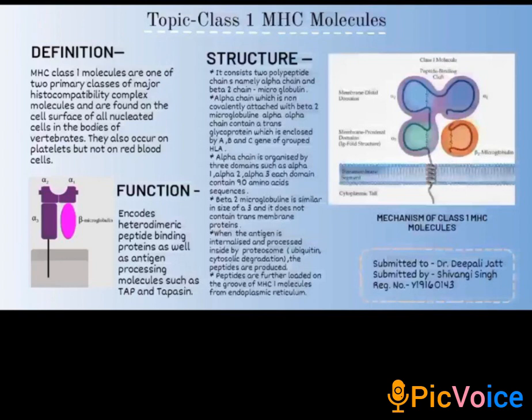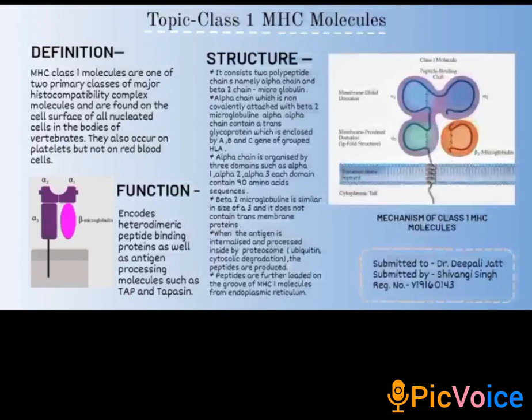Alpha chain is inserted into the cell membrane by a transmembrane domain of about 25 hydrophobic amino acids, followed by a short stretch of hydrophilic amino acids which forms the cytoplasmic tail. Alpha 3 domain is attached to the plasma membrane by the transmembrane domain.